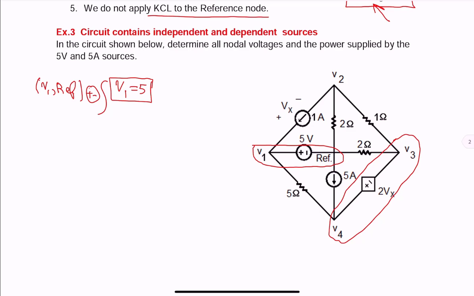Let's go to node 2. Current leaving node 2 to the left is just 1 amp. So we have 1. Add to it the current going straight down. We're using passive conventions. So that is V2 over 2.